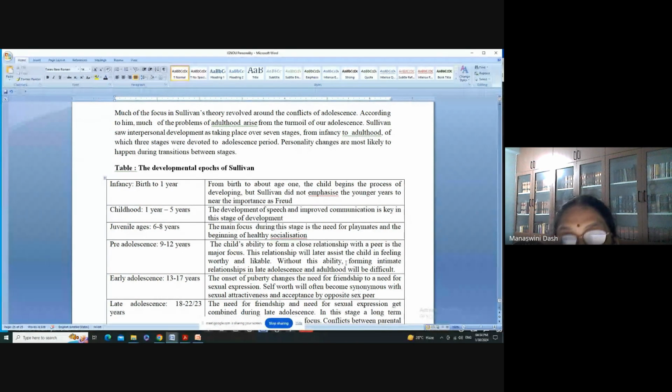The phallic stage is our preschool age, 3 to 6 years of age. That is the most important stage according to Freud. But Sullivan says 9 to 20 to 23 years of age is important for the person.